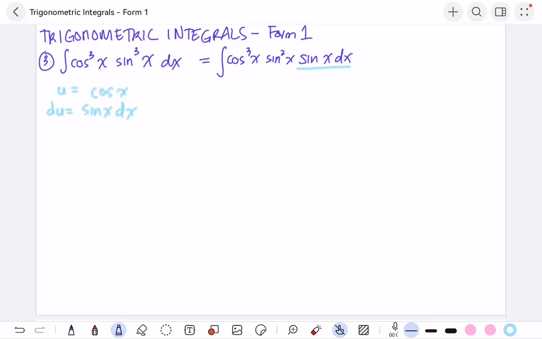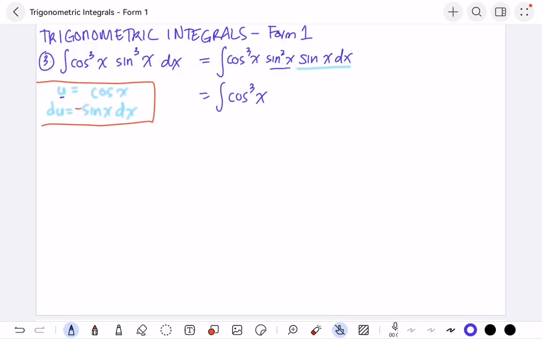Okay, let's review. If my u is cosine x, then the derivative of u must be negative sine x dx. So let me reserve that here. If that is the case, I will have here the integral of, I'll just copy cosine cube because all cosines will be replaced with u. This sine square, I have to replace with an expression in terms of cosine.